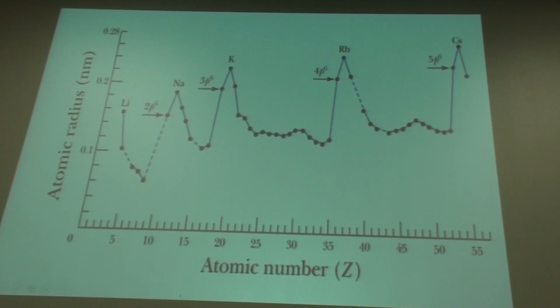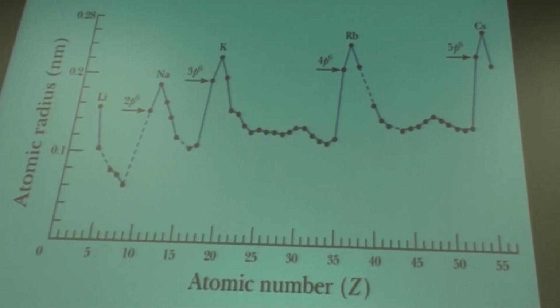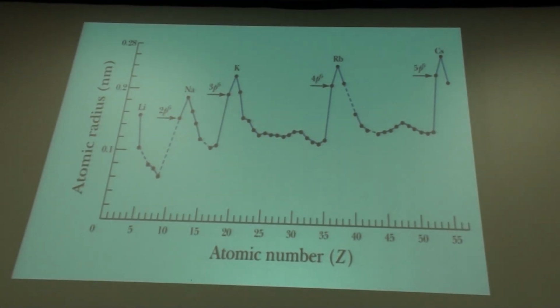Another thing that changes is atomic radius. Now atomic radius, you might think that for a bigger atom you would get a larger size. But no. Within a given n value, the size gets smaller because there's more protons squeezing down on those electrons, pulling them in tighter.